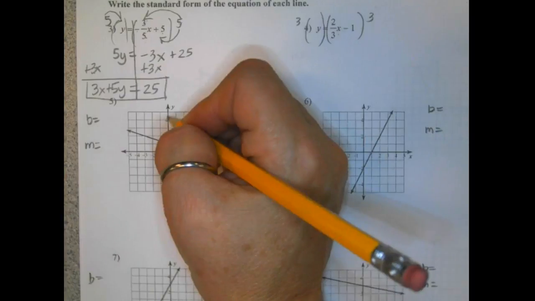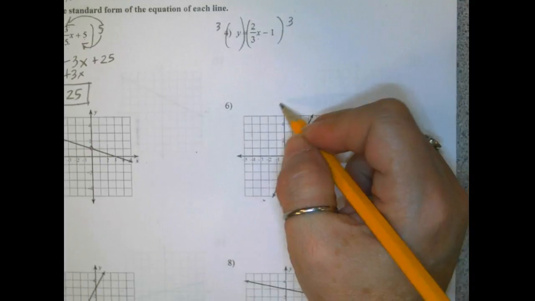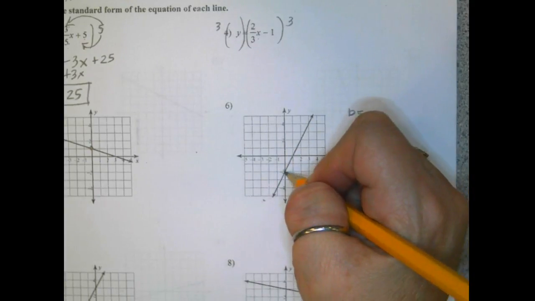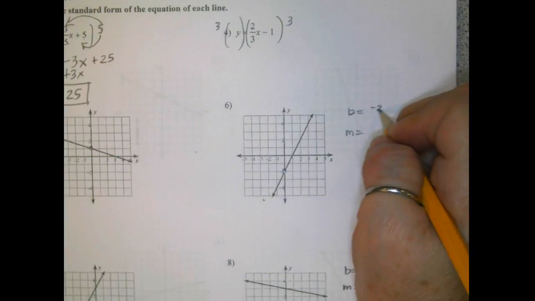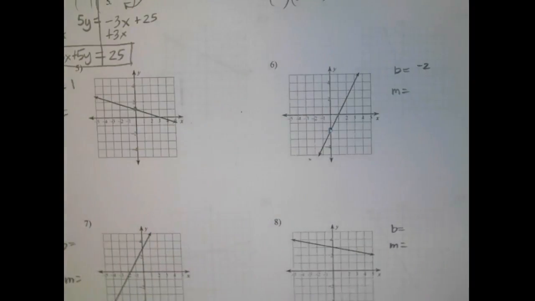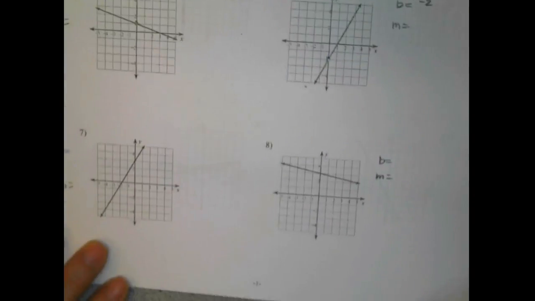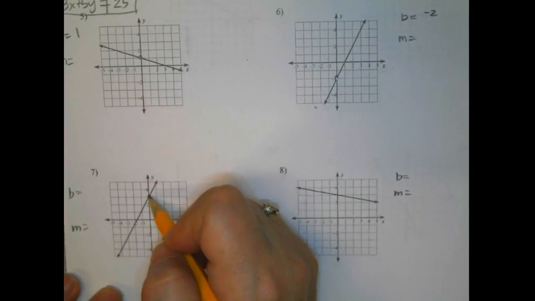Where does it cross this line? What's this? This is going to be 1. How about this one? Where does it cross this line? What is it? Negative 2. Okay, let's look at number 7. Sorry, let me point that in the right direction here. Where does it cross this line?